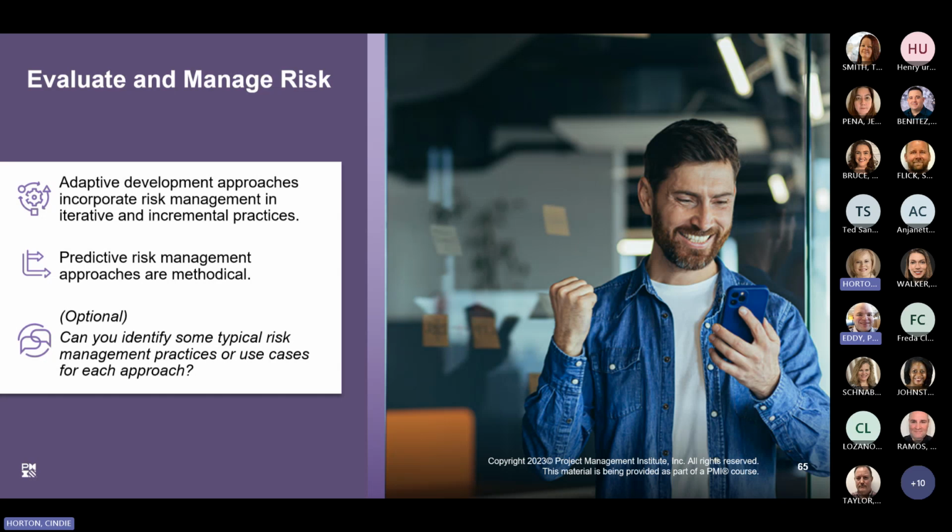In predictive, we tend to do this up front most of the time, trying to get it all understood, even though we should still be going back and reassessing. But with adaptive, you should be continually going back and doing your risk assessments. It's kind of built in. So continuous risk assessment.